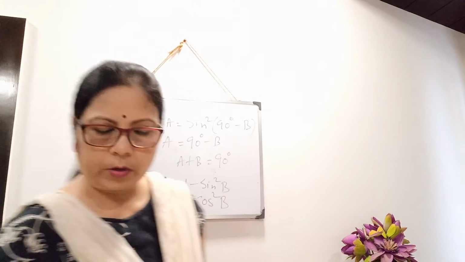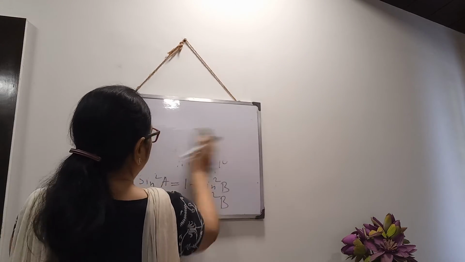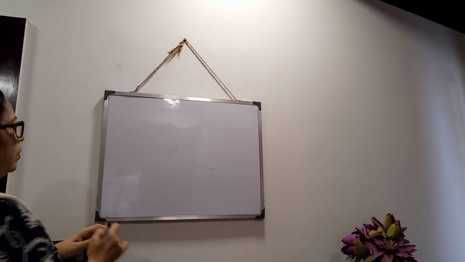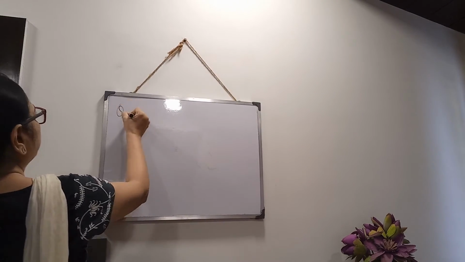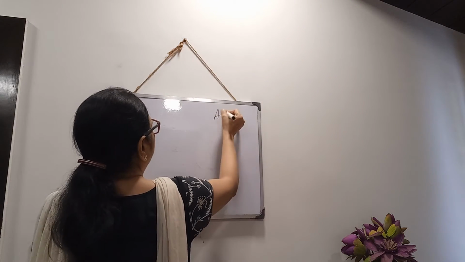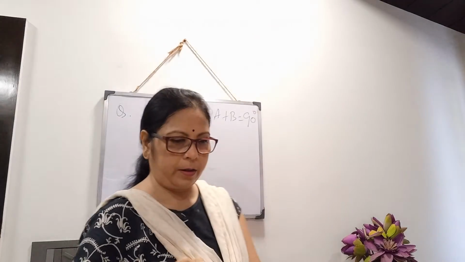Now if the sum is of this type, okay, this sum we will practice, this is an important sum. Next one: A and B are complementary angles, which means A plus B equals 90 degree.